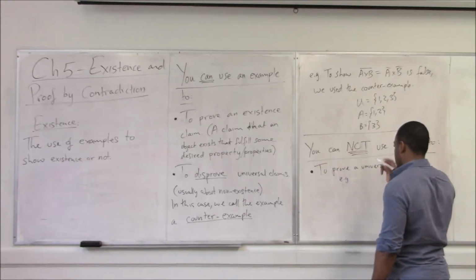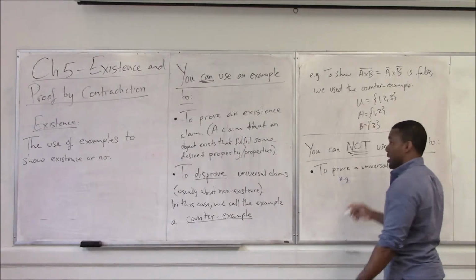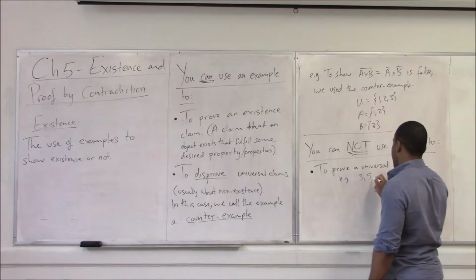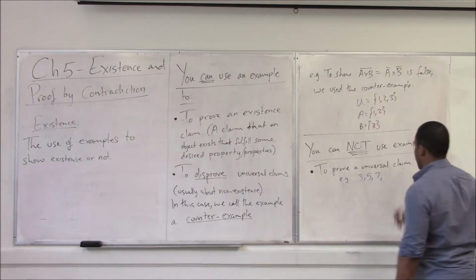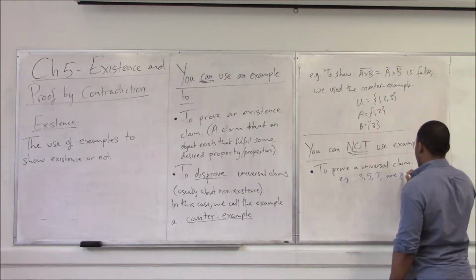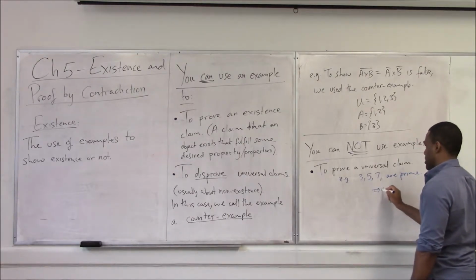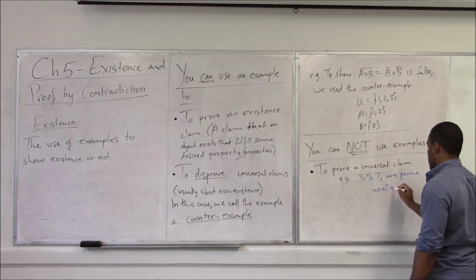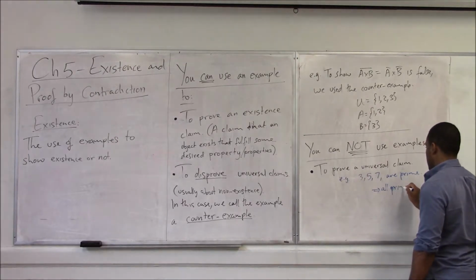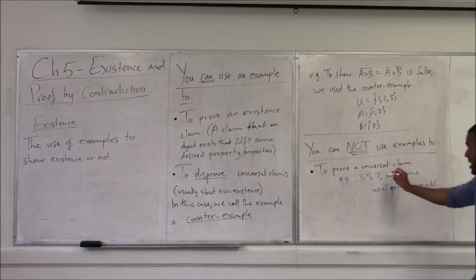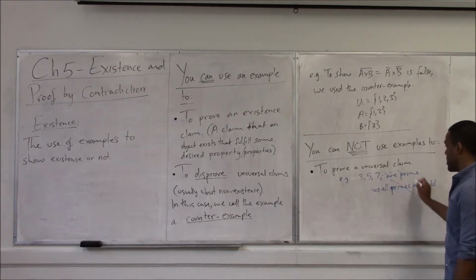So you can say things like, all even numbers are prime. Well, 3, 5, 7 are prime. So this means all primes are odd, right? You can make that conclusion, and you can keep going, by the way. But this is obviously wrong, since 2 is prime.